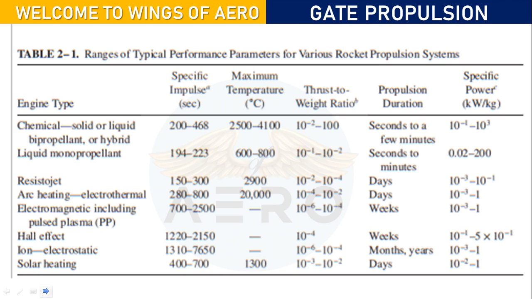Next comparative data is this. This is a combination of the chemical, liquid monopropellant, electrothermal, then electrostatic and electromagnetic. Now among this, which one provides the maximum specific impulse?